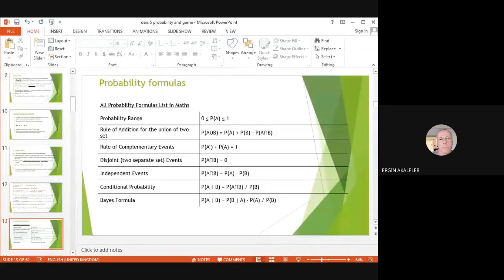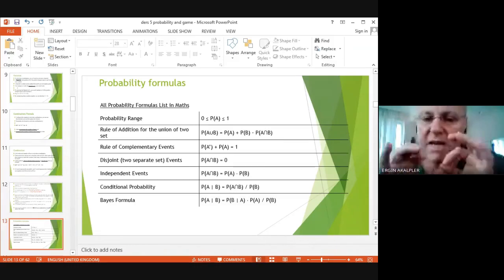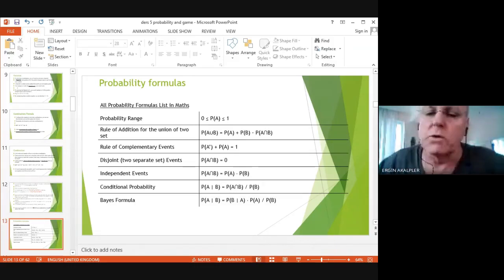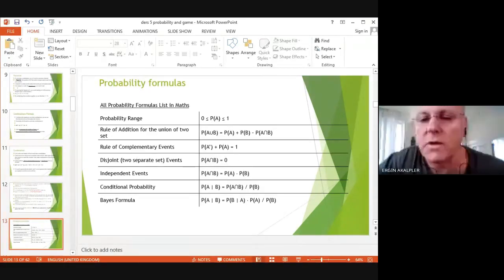Because the number 4 is in both groups, you have to subtract this 4 from the union, since you don't have to count it twice.